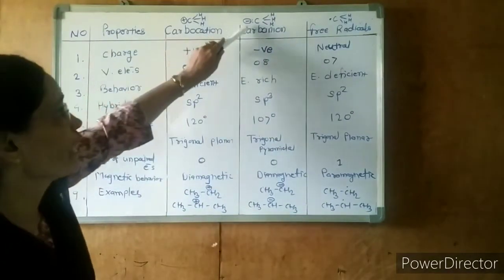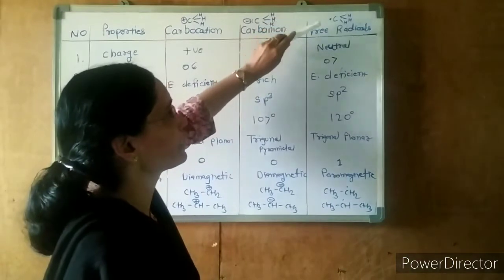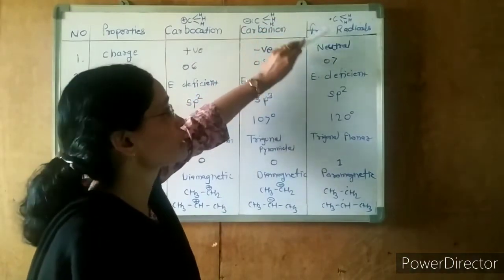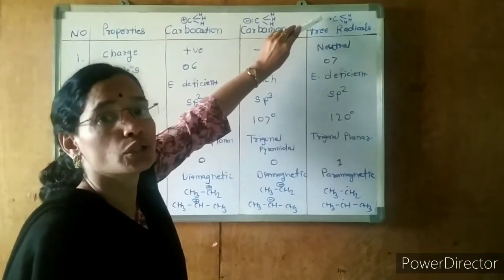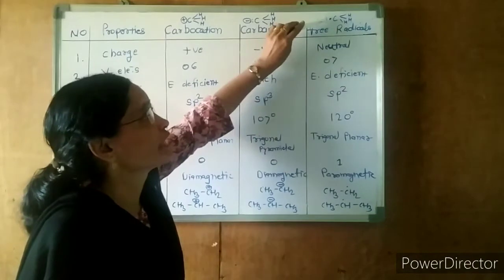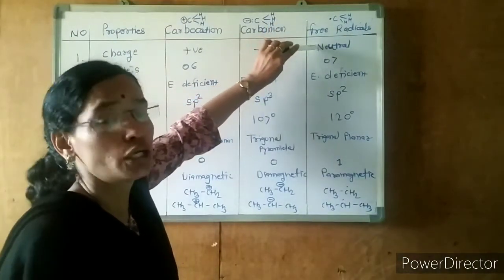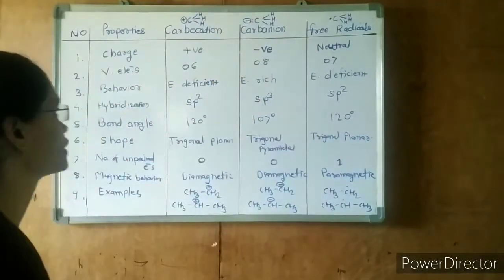Charge on carbanion is negative. Here, charge on free radical is neutral. Neither positive charge nor negative charge is there on the free radical species. That's why the species is a neutral species. Okay, free radicals are neutral species.